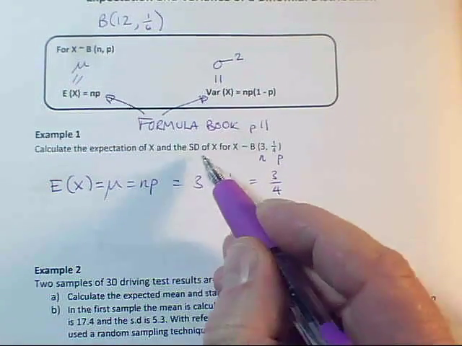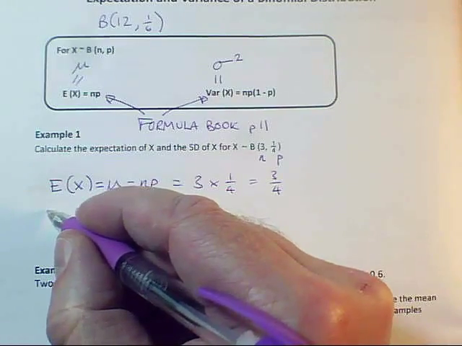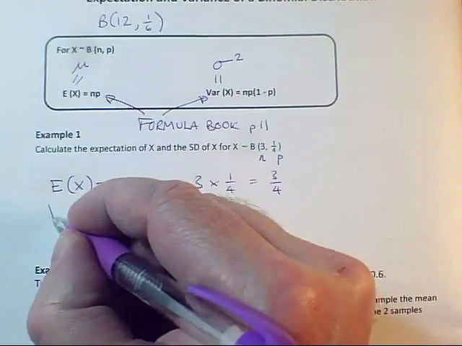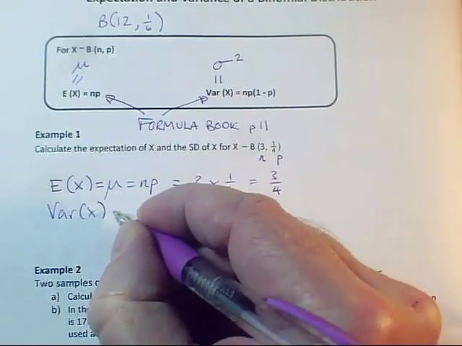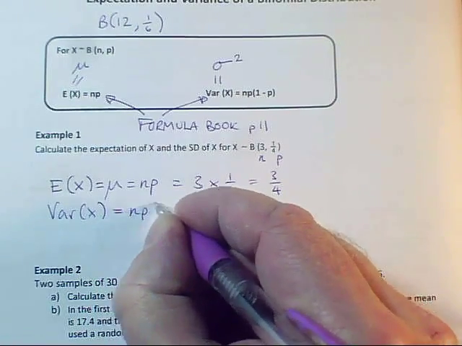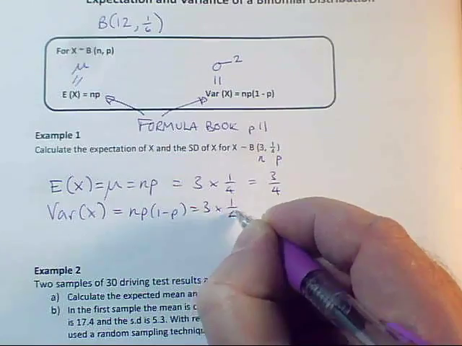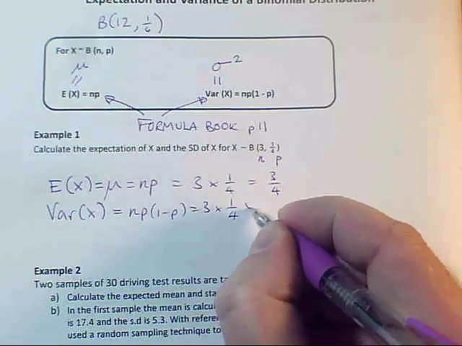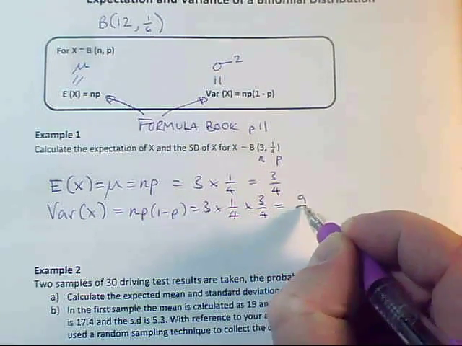And then for the other one, I want the standard deviation. To get the standard deviation, I'm going to use the formula for the variance. The variance of x, from the formula book, equals np(1 minus p), so that's 3 times a quarter, and 1 minus p is 3/4, so it's going to be 9/16.